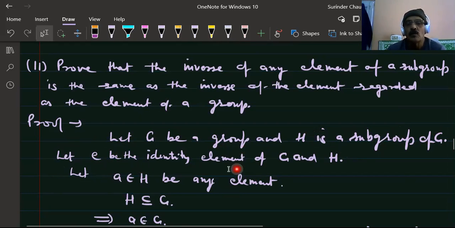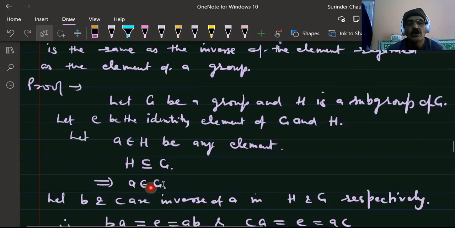Let E be the identity element of the group H and A belongs to H. If A belongs to H and H is a subgroup of G, so H is a subset of G, so A also belongs to G. Now again we have to make the contradiction. Let us suppose that B and C are the inverse elements of A in H and G respectively. In H, B is the inverse of A. In G, C is the inverse of A.